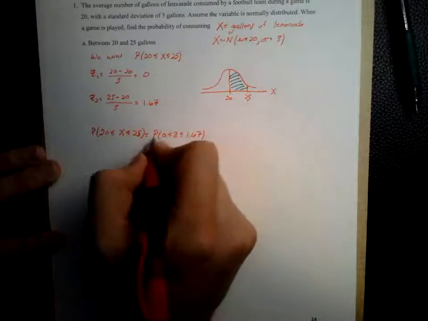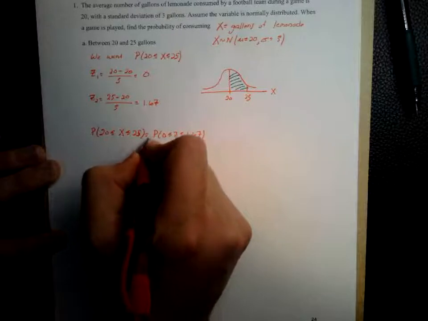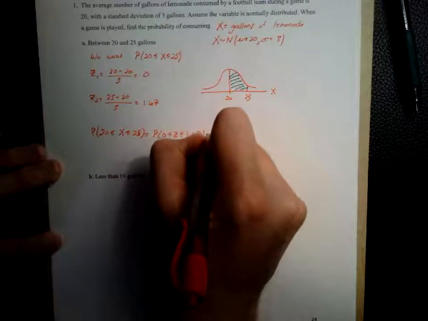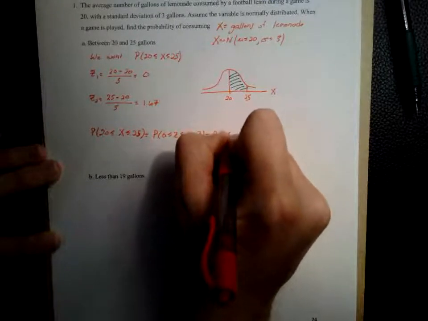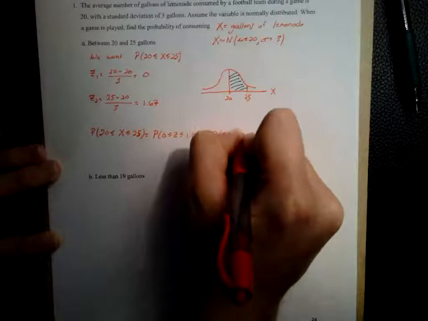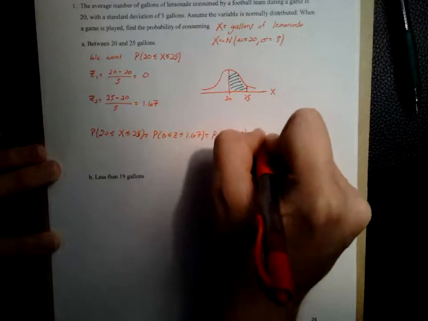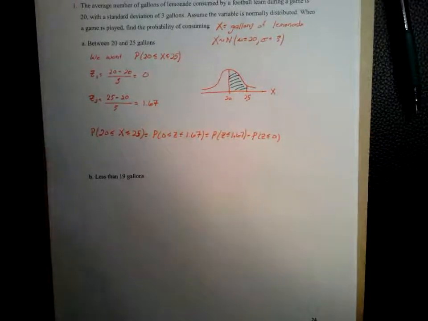Using the same idea, we take the probability of Z being less than the higher z-score minus the probability of Z being less than the lower. That looks like the probability of Z being less than or equal to 1.67 minus the probability of Z being less than or equal to 0.